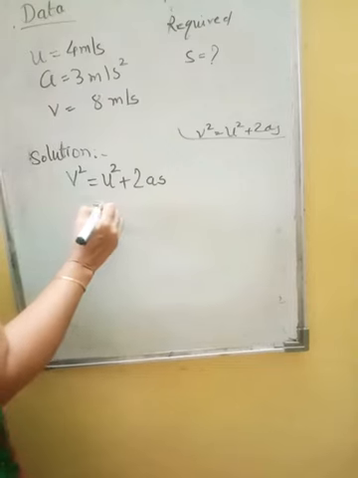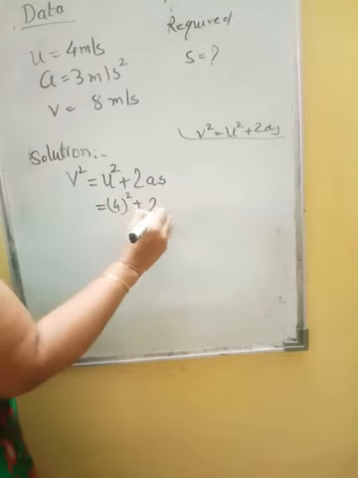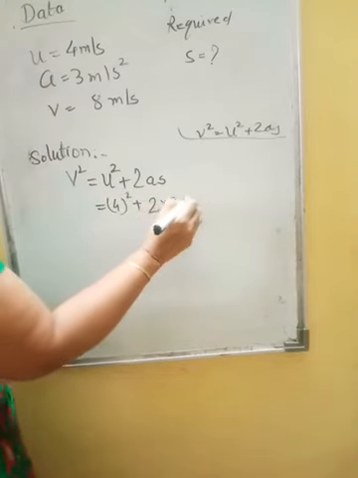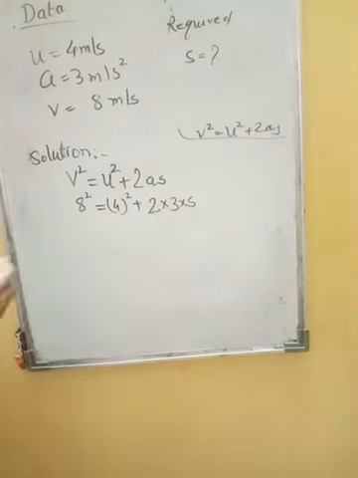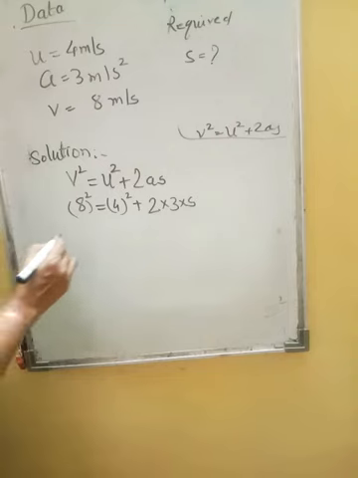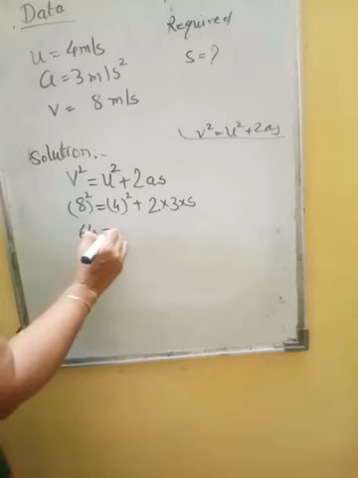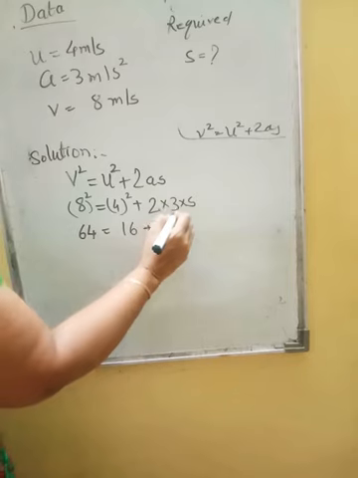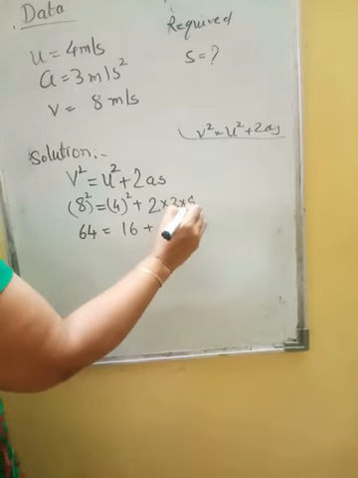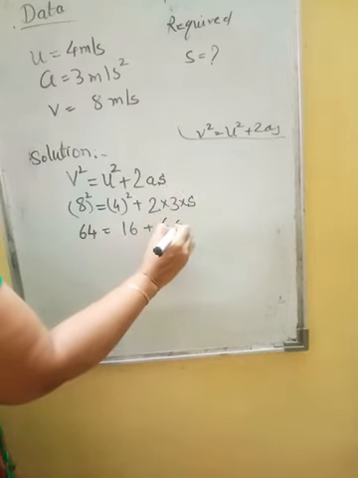Correct? So let us substitute u square, 4 square, plus 2 I have written, a is 3 and s we don't know. v is 8 square. As the teacher told that you have to do the squaring part first, get rid of it. So we will do that. So we have here 8 square is 64, 4 square is 16 plus, children this is s, 6s.